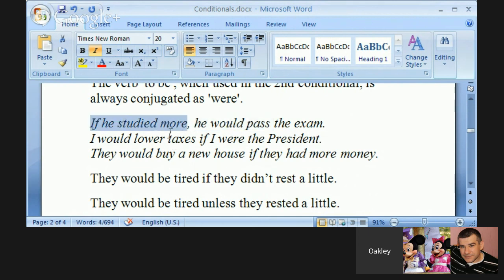In fact, you can never use a future tense with any time clause, with a time word like when or while, or in fact, if is actually considered to be a time clause, or unless. So you're not ever allowed to use a future tense with any clause which is introduced with a time subordinator.